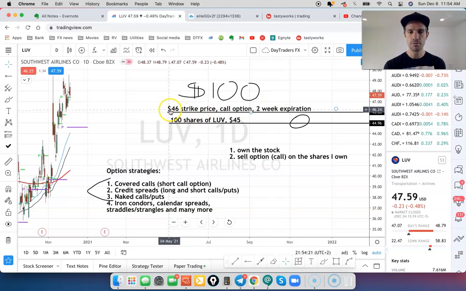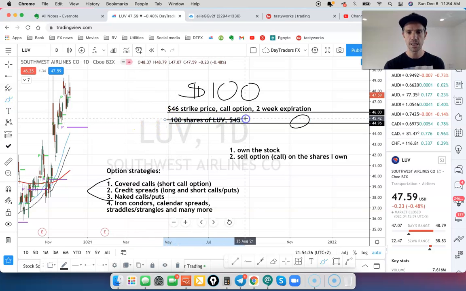In this case, if I had no shares of stock and I just sold a $46 call option, if at expiration the stock price is below 46 bucks, I would keep my $100. If at expiration the stock price was above $46, I would get assigned the stock. The broker would say you have to buy the stock. I'd be assigned the stock short at $46, which would be terrible. And along the way, if this stock ran up a whole bunch, I could lose a lot of money on that call option because I have no stock backing it up.